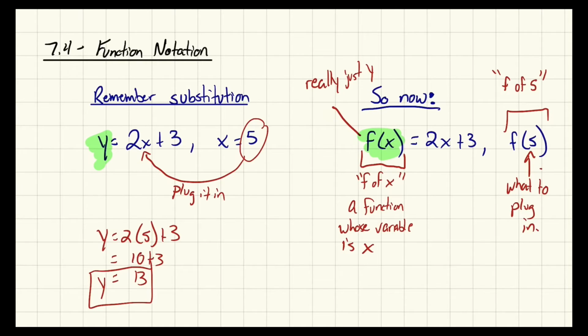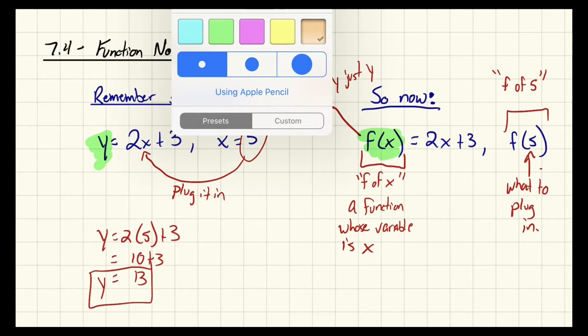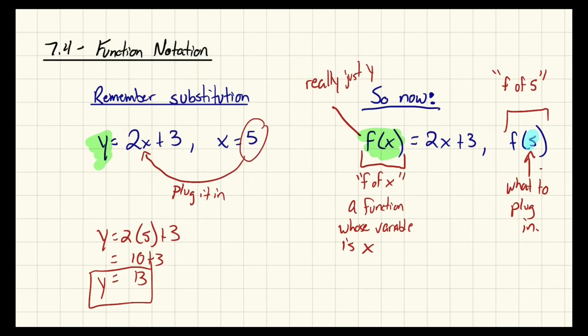So all we're going to do is take this 5 and plug it in for x. It is a new fancy way of having us do the exact same stuff that we always knew what to do. When we see a number in parentheses, we go back to the equation that has the x in it, we plug it in. No big deal, nothing different.